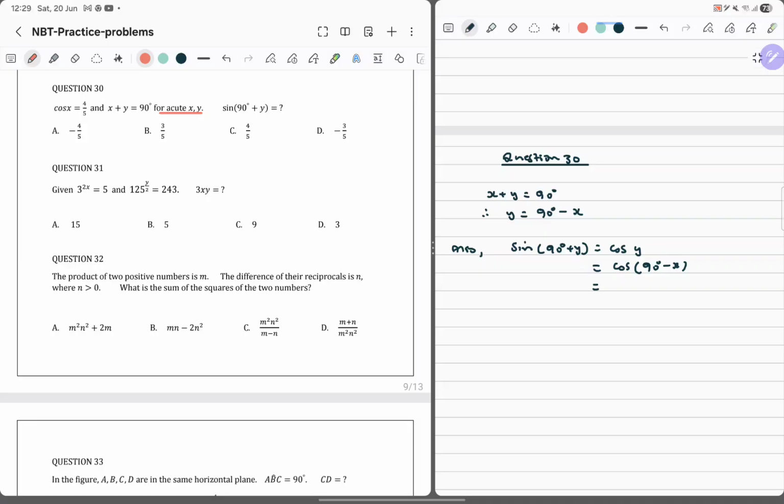So this becomes sine x. Okay, let's just do the triangle. I didn't want to do it, but I find myself doing it.